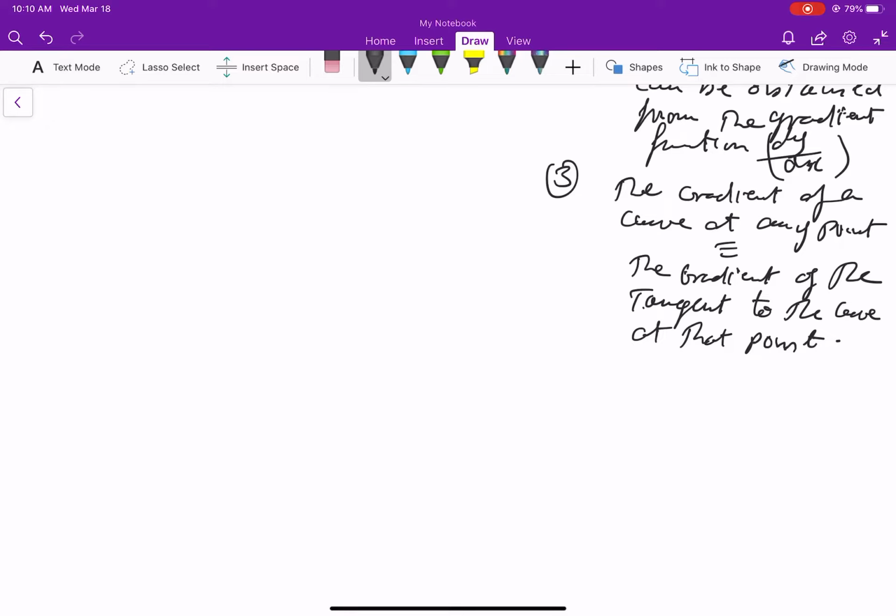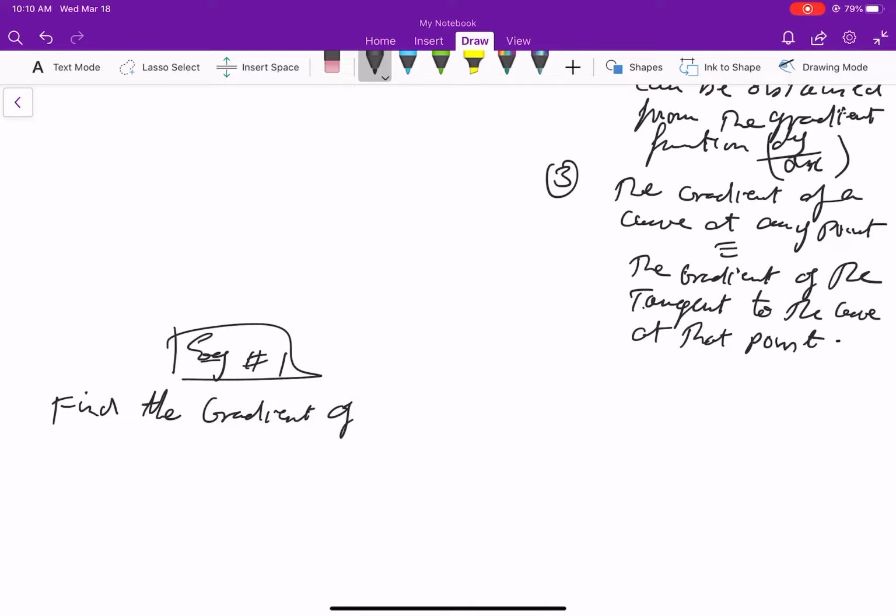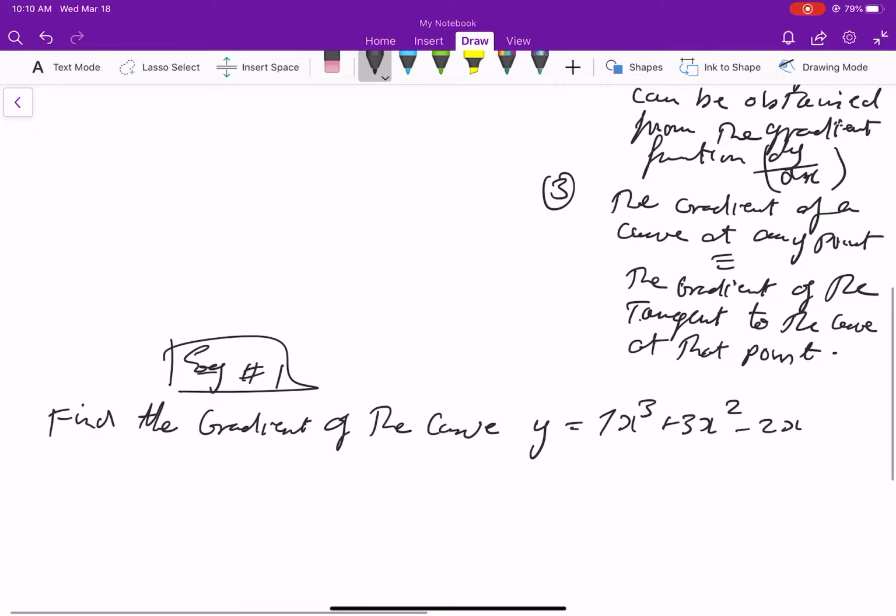So here's a first pretty straightforward example. Find the gradient of the curve y is equal to 7x cubed plus 3x squared minus 2x plus 1.